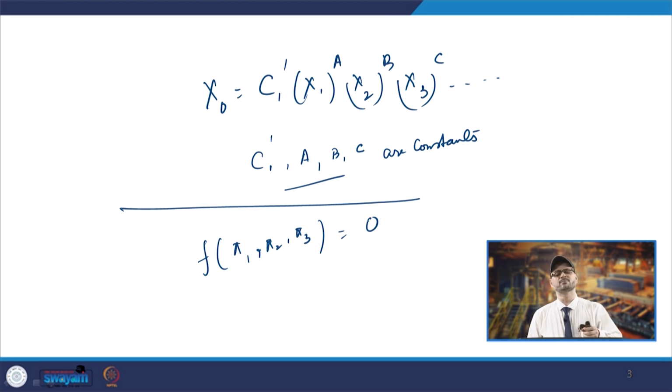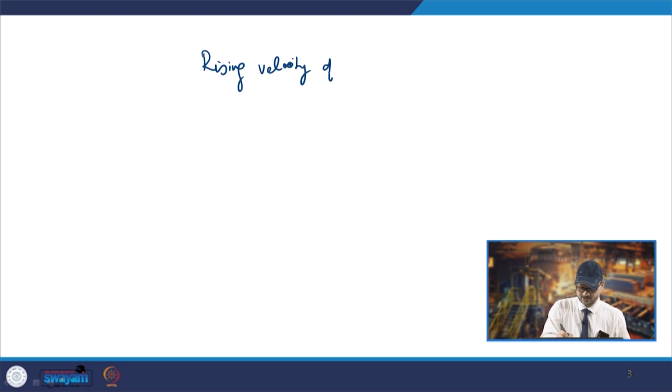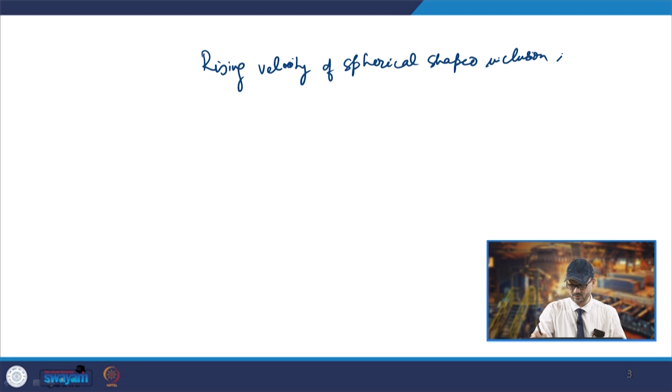So, for example, if you look at one of the problems, you have to find the rising velocity of a spherical shaped particle, a spherical shaped inclusion, in a stationary fluid.